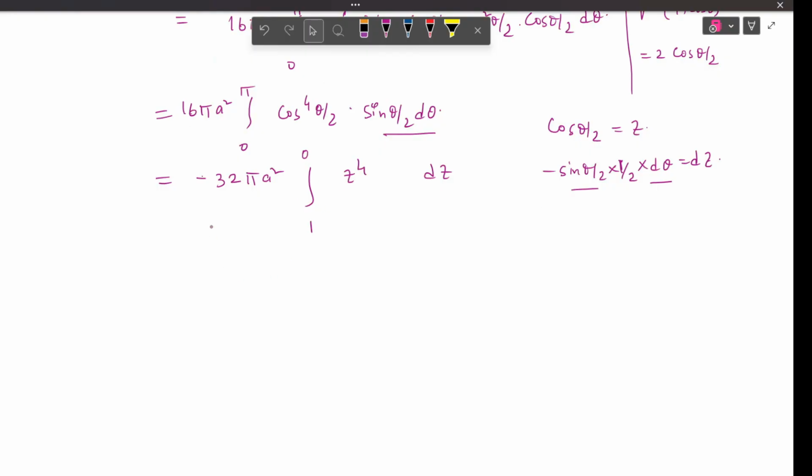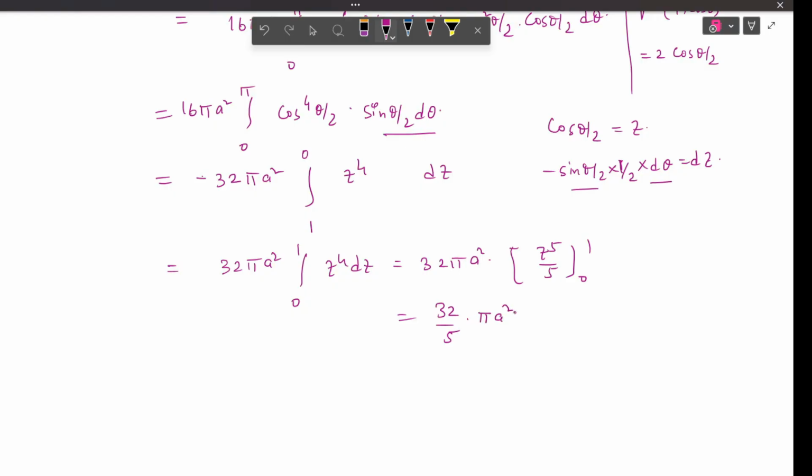If we change the order of the integration, then the minus will come outside. So it will be 32 pi a square, 0 to 1, z to the power 4 dz. So it will be 32 pi a square, z to the power 5 by 5, 0 to 1. So if you put 1, it will be 1 by 5. So 32 by 5 into pi a square. This is the answer.